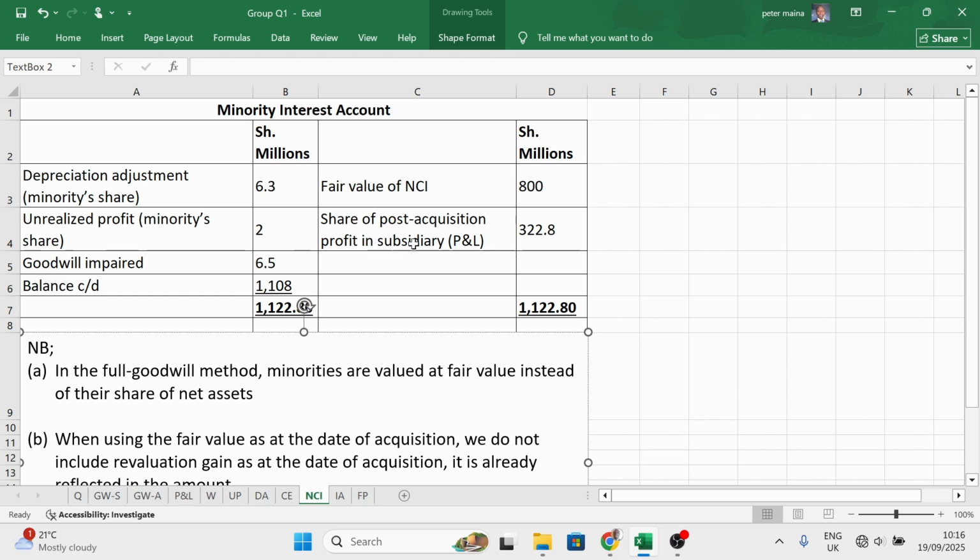Since the post-acquisition profit is not included in the fair value of NCI, we have to add it here so that we can get the fair value of NCI as at the end of the current financial year. This is the value as at the time of acquisition, but we want the value as at the end of the current financial year. So we add the share of post-acquisition profit in subsidiary, and this is obtained from the consolidated income statement.